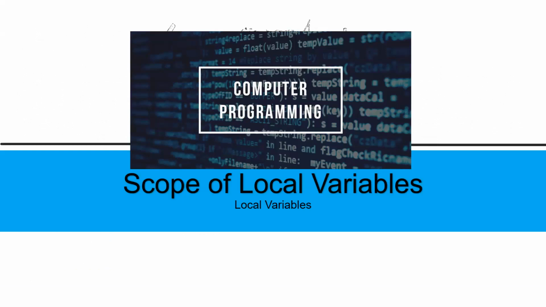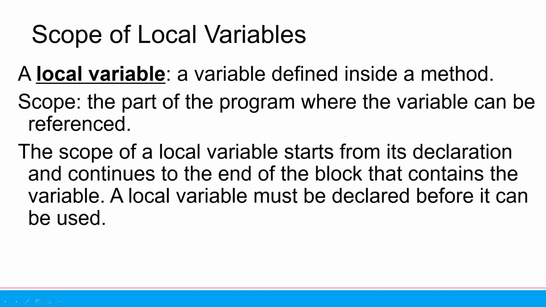In this section, I would like to explain local variables. What is a local variable? A local variable is a variable defined inside a method. So if you have a method, you can define your variable.